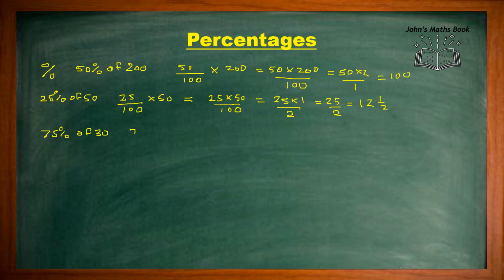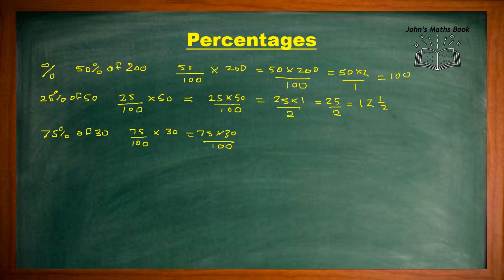So it's 75 divided by 100 of 30, so multiplied by 30. So now we have a fraction multiplied by a number, so we can write that as 75 times 30 divided by 100.